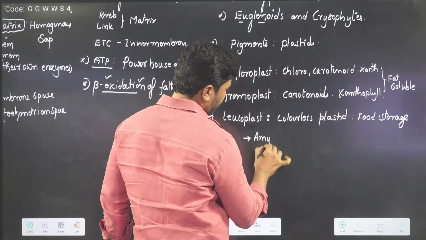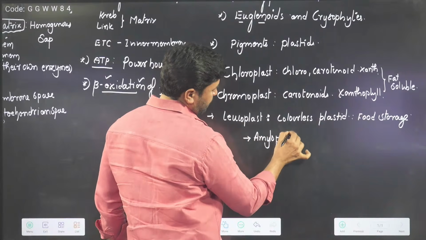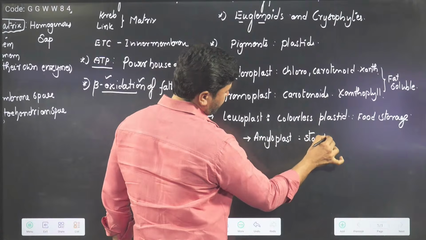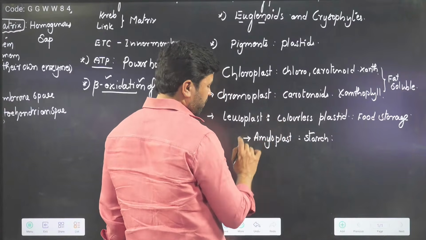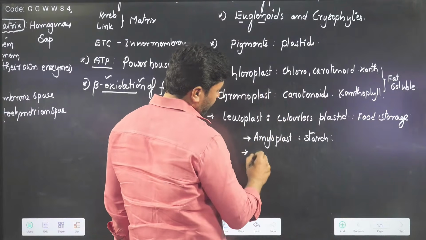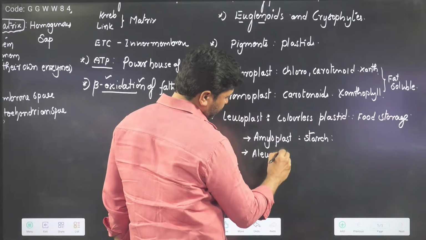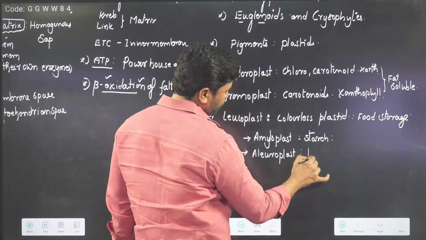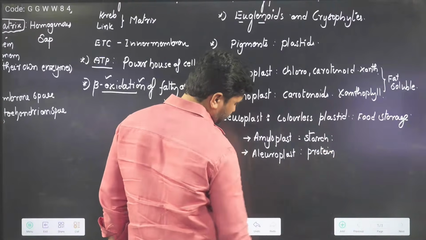Among the leucoplasts there is amyloplast, which stores starch. Huge quantities of amyloplasts are present in potato, the potato granule. Next one, we will also see aleuroplast. These plastids are mainly meant for storage of protein. Aleurone means protein.